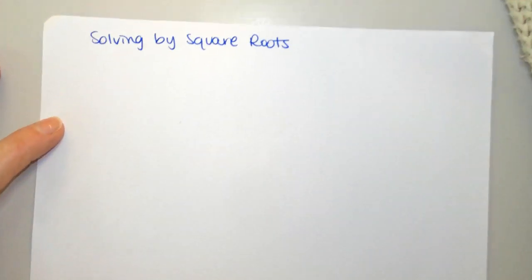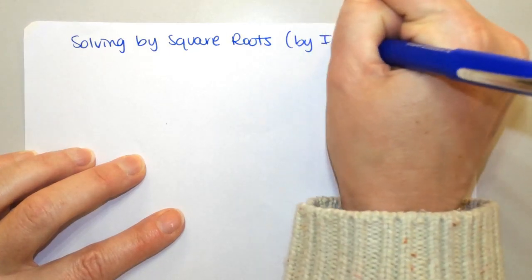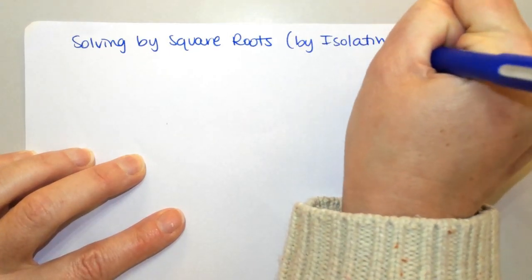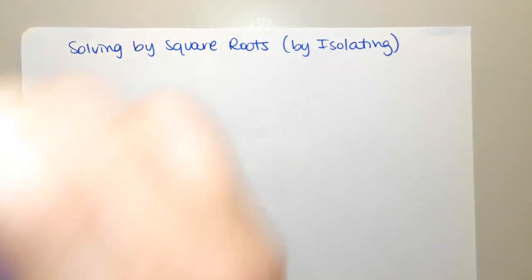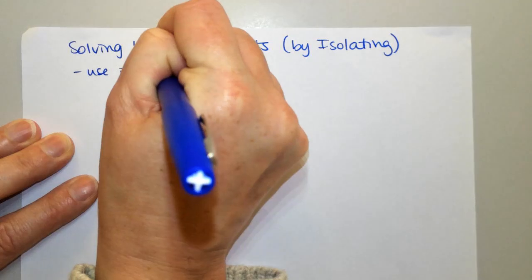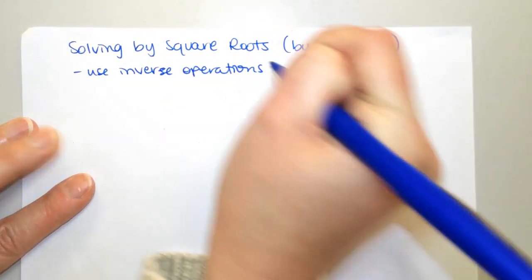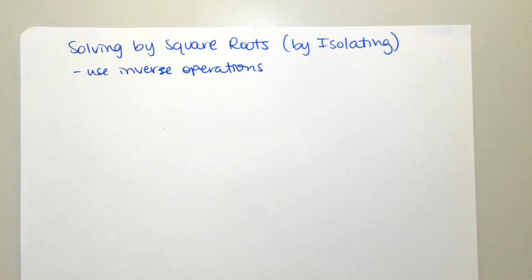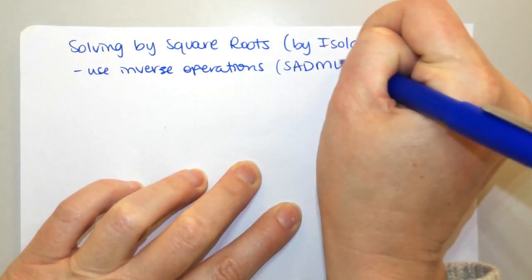Which is also sometimes called solving by isolating. And so in terms of steps, we're just going to use inverse operations. So if I think of order of operations as GEMDAS, the inverse of that, if I write it backwards, would be kind of SAD-MEG.